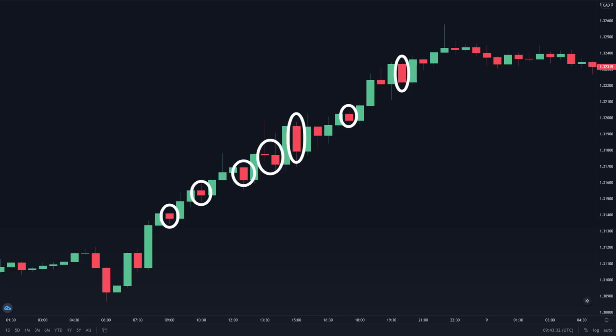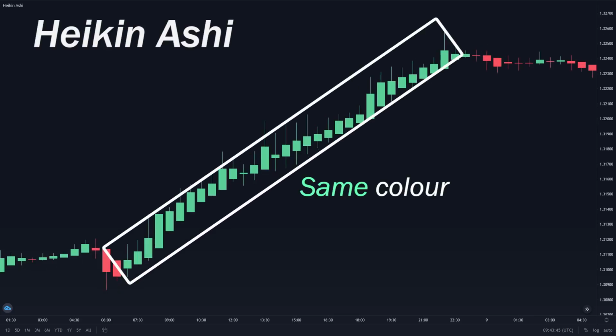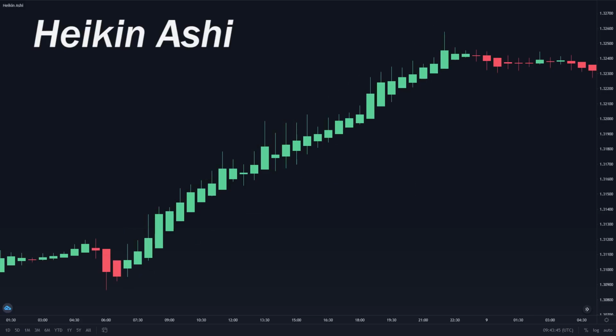So instead of looking at these annoying candles that might display false signals, using the Heiken Ashi, you would instead see all the candles with the same color. So it's easier to identify the trend real time. That's what the Heiken Ashi is for. It can help eliminate noise and shows a more clear view of the market's direction.